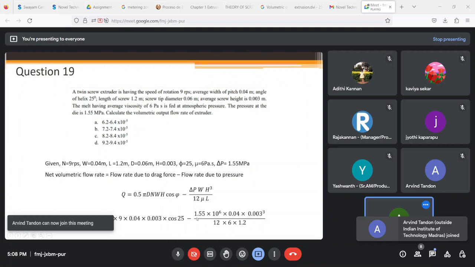So you are converting megapascals into pascals. So 1.55 into 10 power 6 will be delta P. Width is again 0.04. Height is 0.003. So H cube is 0.003 cubed, divided by 12 into 6 pascal second, which is your viscosity, and 1.2, which is your length. So this is due to drag force, this is due to pressure force.